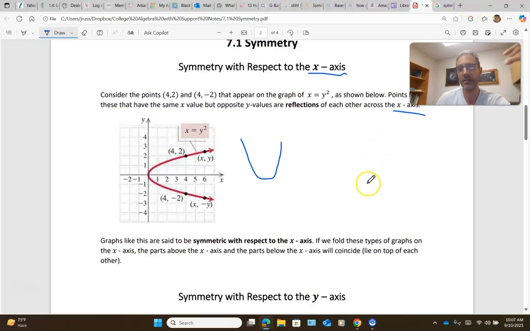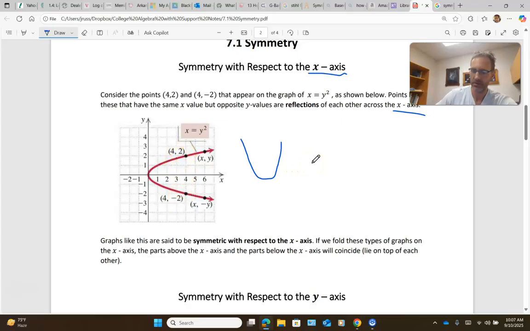Now, functions cannot have x-axis symmetry, because what you'd have going on, as you can see illustrated here, is you've got 2 different points. They both have the same x coordinate or the same input, but they have different outputs.